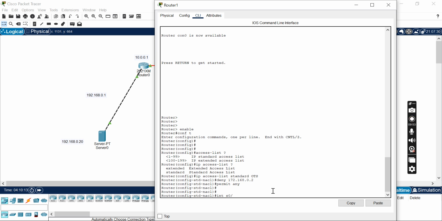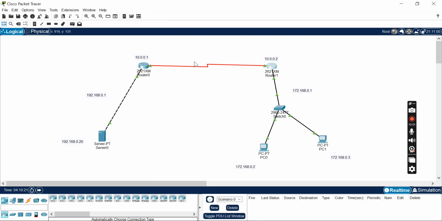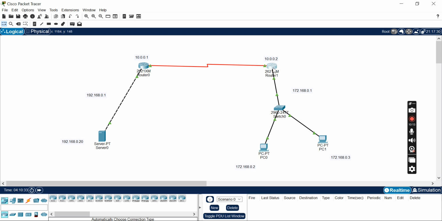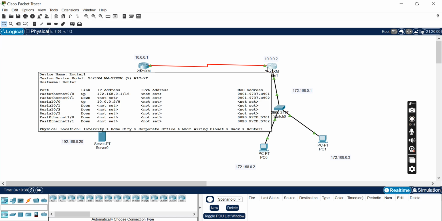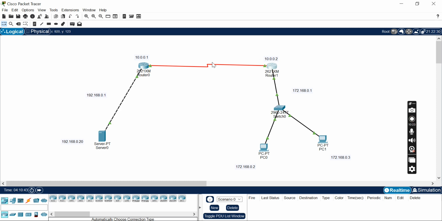Okay, then here is one very important thing: S0/0 is working with outbound for this particular blocked network device. So S0/0 is working after this router, so that means it is going outbound, not inbound.